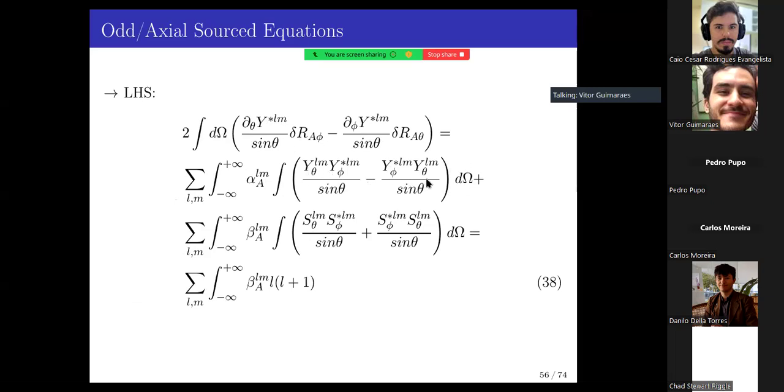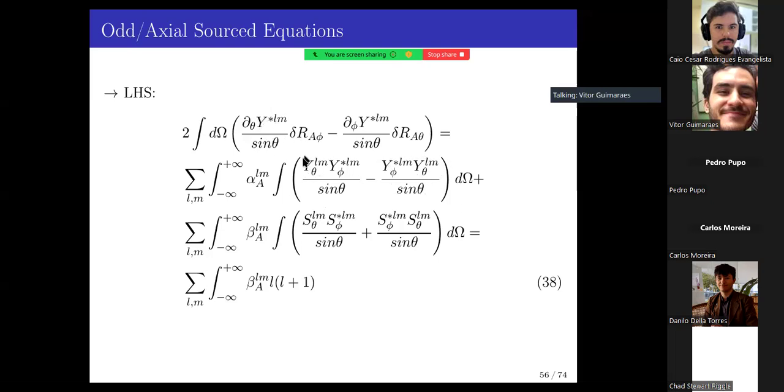We're going to use that the multiplication of y theta with the complex conjugate of y phi is the same as the complex conjugate of y phi here and here. These two commute. Let me just see if this is correct. Yes, this is correct. Here we multiply by the theta. Oh, okay, there's a mistake here.